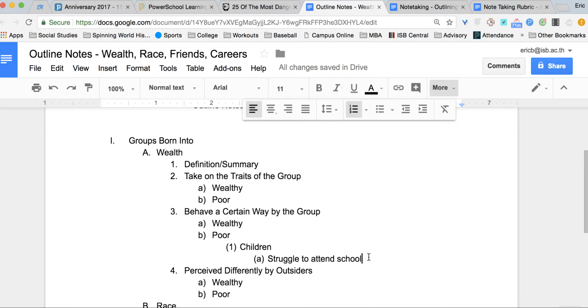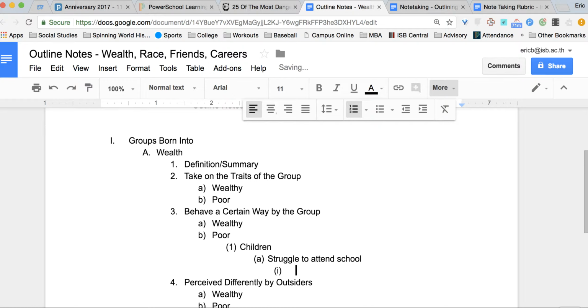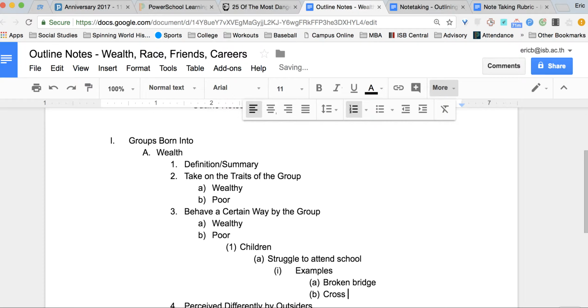Okay, and I'm going to give some examples. Some examples will be there was the broken bridge. They have to cross mountains. Now see, this is verbs, so I'll do a verb here. They have to cross broken bridge, go over mountains.